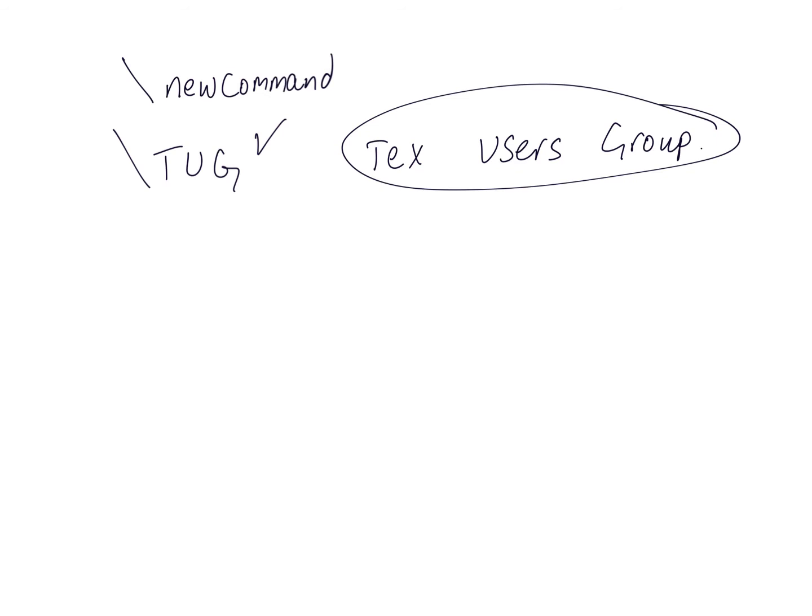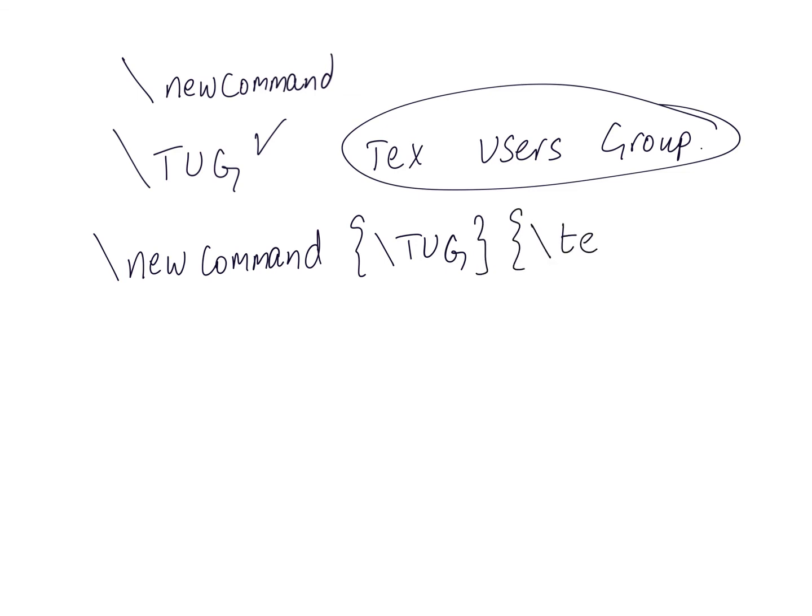Okay. You can also use a few other formatting details with it. Like if you wanted to do new command, TUG, and let's say if you wanted to do small caps, text, small caps, and put the entire thing, tech users group.